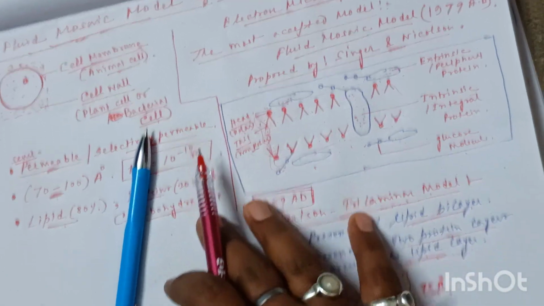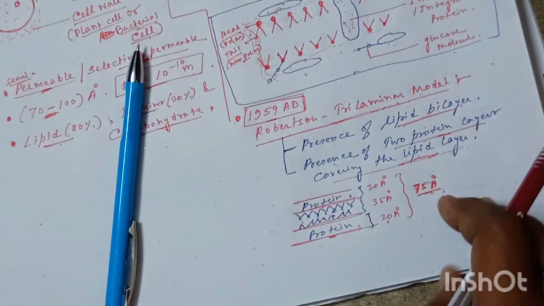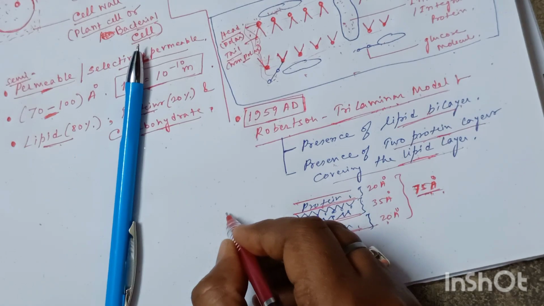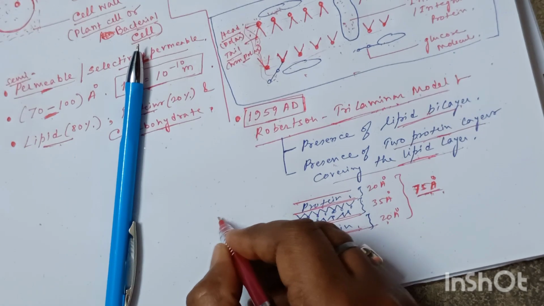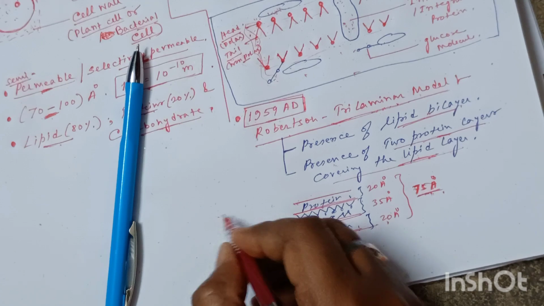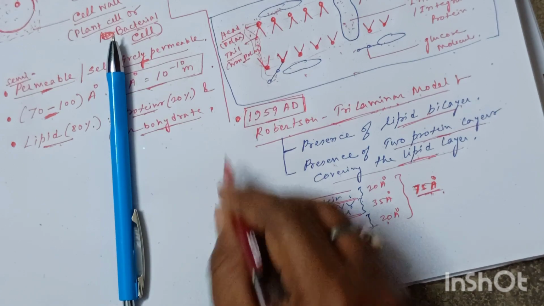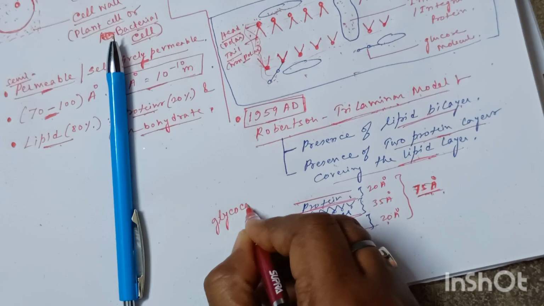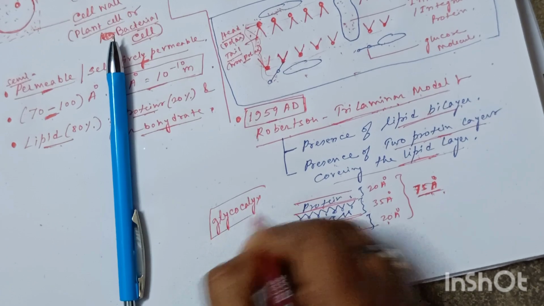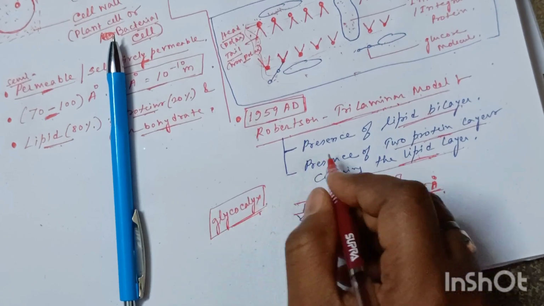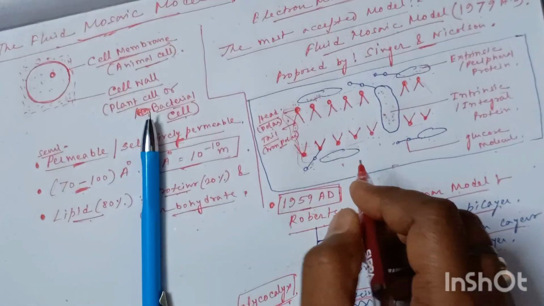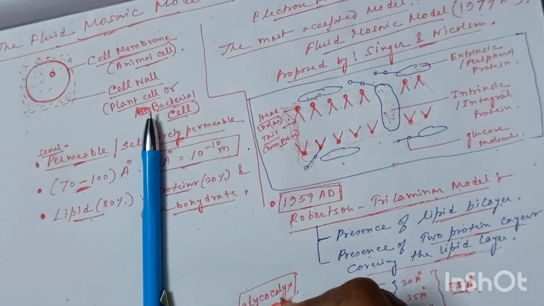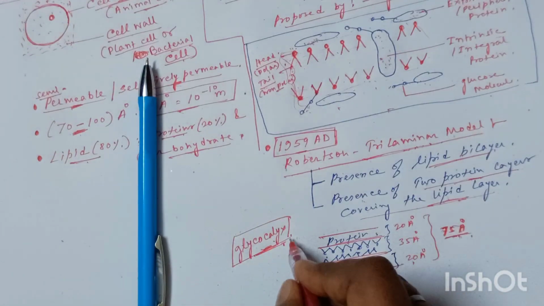Now one more thing to add here, one concept or one term that arises from this Singer-Nicholson model, that is glycocalyx. Glycocalyx is formed by the carbohydrate covering.